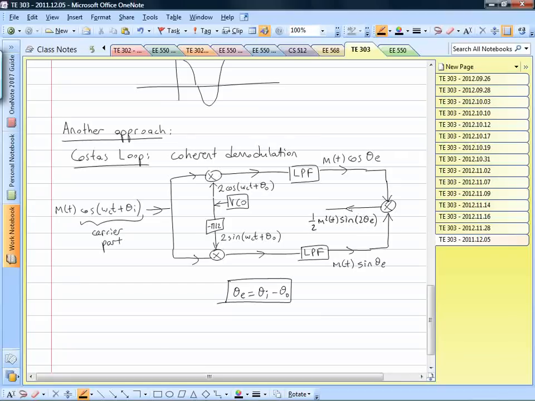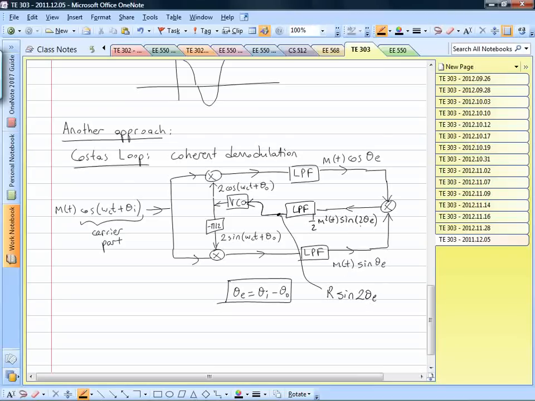This is what you get. And then you pass this through a low pass filter again, and then you give this as your input to the VCO. The input signal here, after low pass filtering, can be written as r times sine 2 theta e.